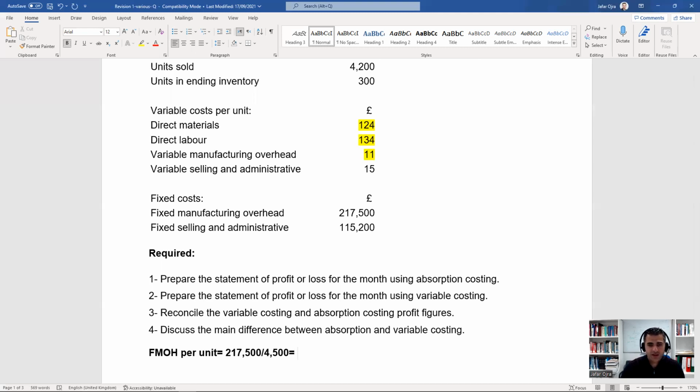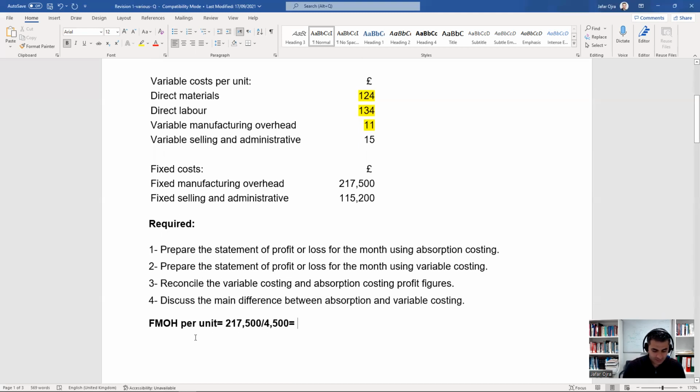And that makes around 48 pounds and 34 pence. So that is the fixed production overhead per unit.